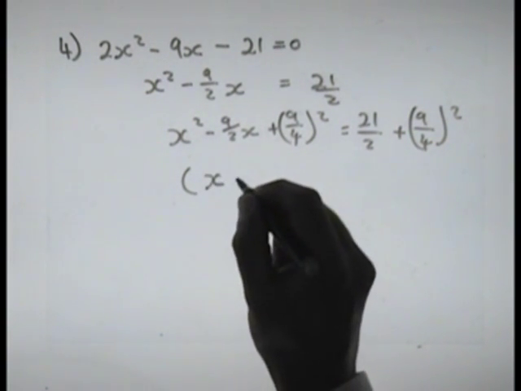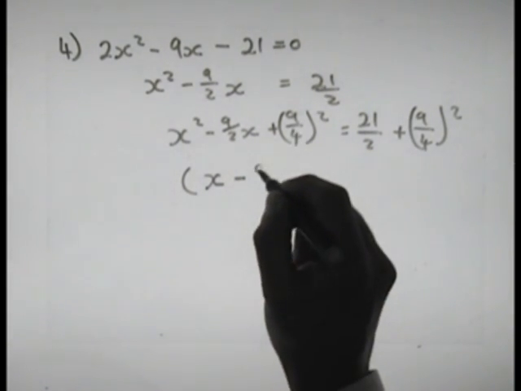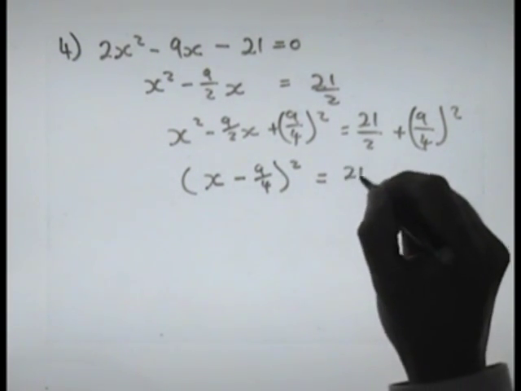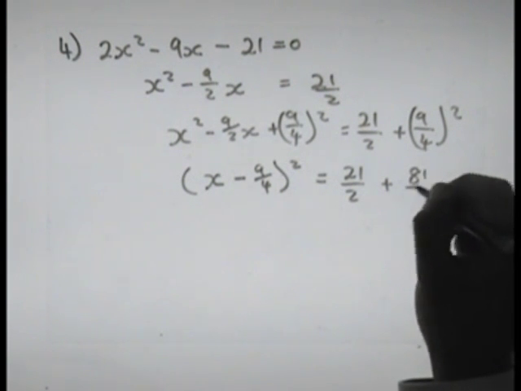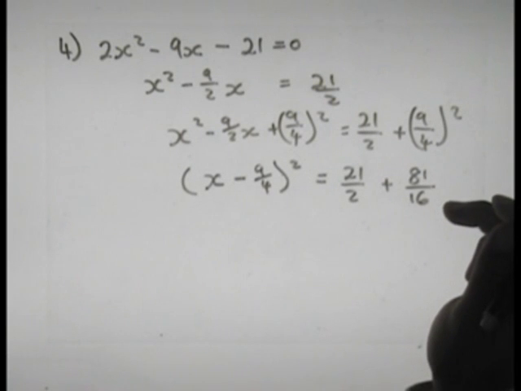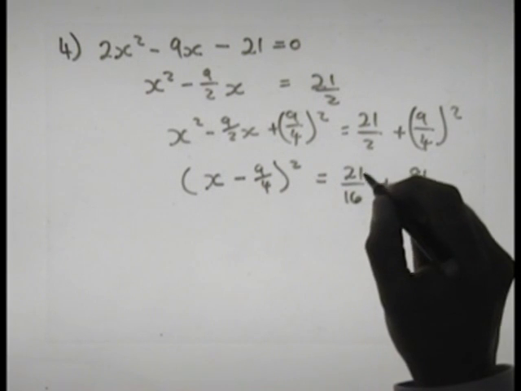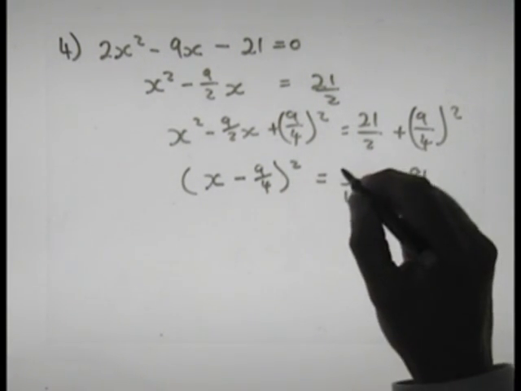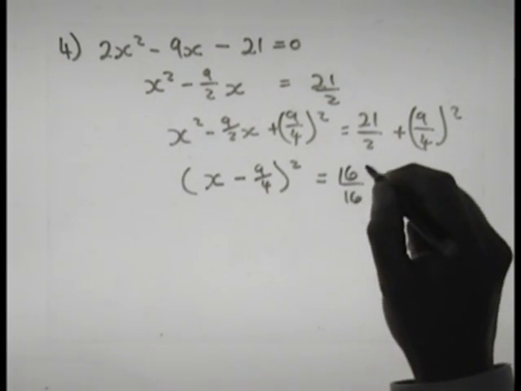So this is going to become (x minus 9 over 4) all squared is equal to 21 over 2 plus 9 squared is 81 over 4 squared, which is 16. Common denominator of 16, which means that I had to multiply 2 by 8 to get to 16. 21 multiplied by 8 is going to give me 168.